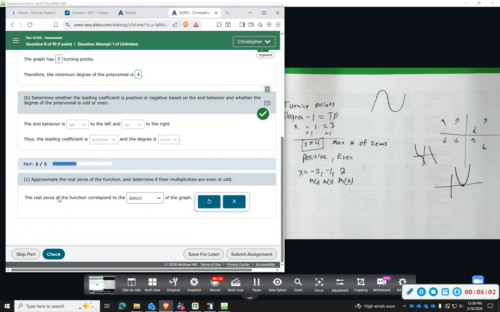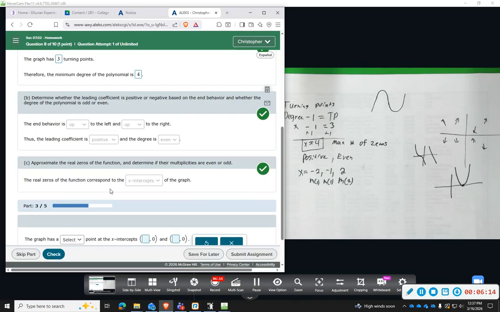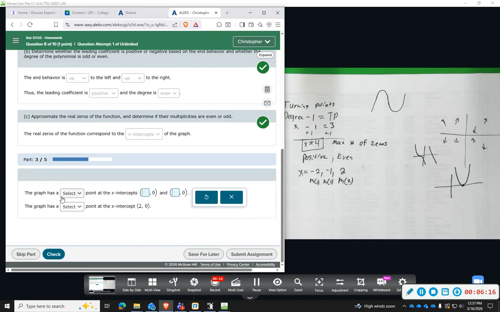Approximate the real zeros. The real zeros of the function correspond to the x-intercepts. So zeros, x-intercepts, roots, all of those are x-intercept terms. The graph has x-intercepts at -2, -1.